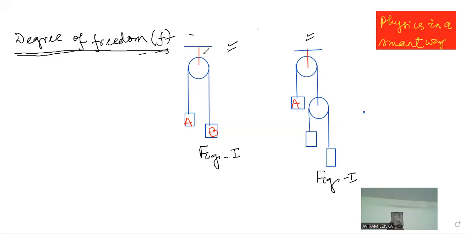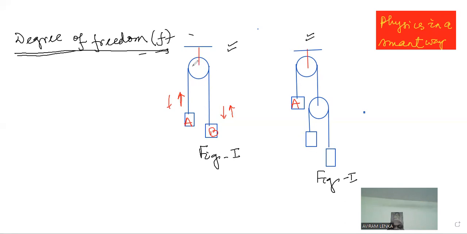Here we can clearly see A and B, the blocks, are connected by the rope which goes over the pulley. The pulley center is static, connected to the ceiling. If A goes up, then B must be coming down, or if B goes up, A must be coming down. The rope is connecting both the bodies and they cannot move independent of each other.